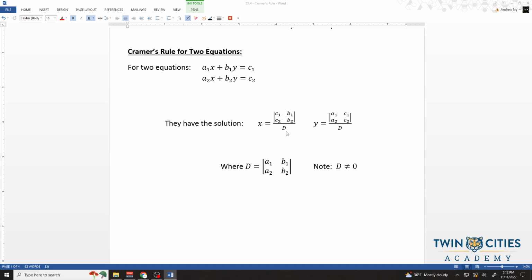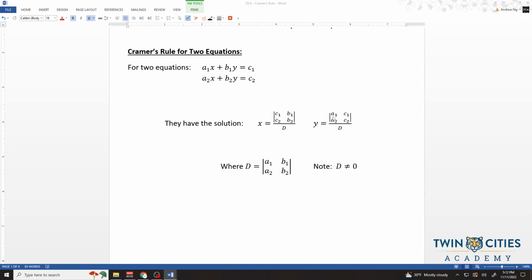That is going to be the bottom part here for both of our fractions, x equals this and y equals this. So x is equal to, I've got to find another determinant, and then y is equal to, I've got to find another determinant here.